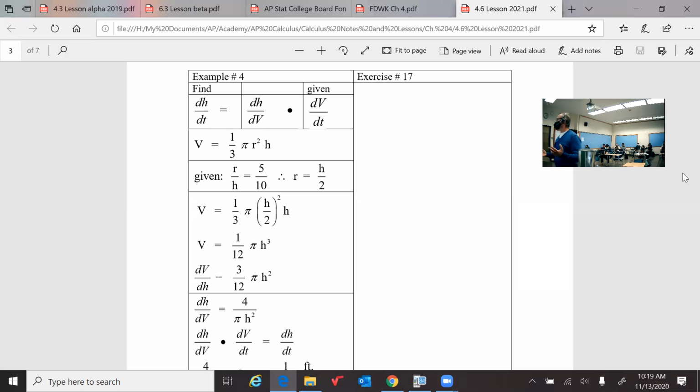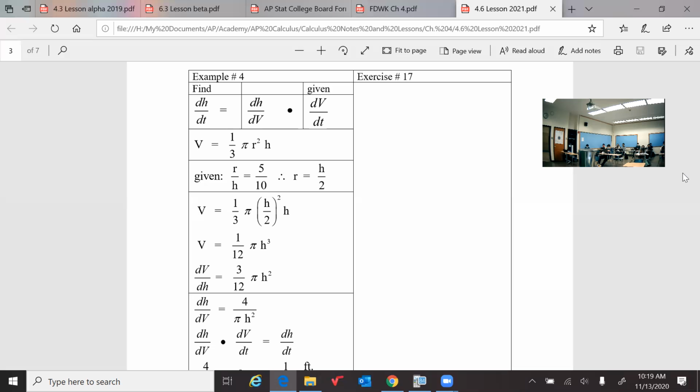Now, if I'm going to do this problem by dimensional analysis, you can't do it with two unknowns. They told you the ratio of r to h is 5 to 10. I've got an r and h in here, so I can solve for r: r equals 5/10 times h, which is h over 2.